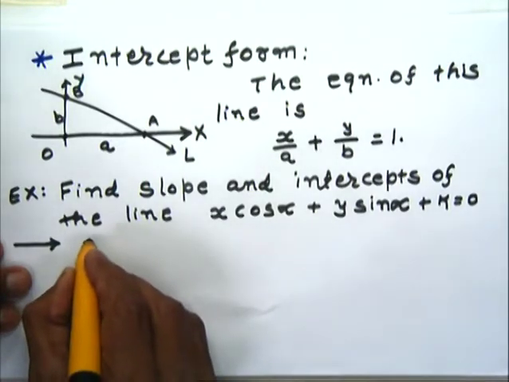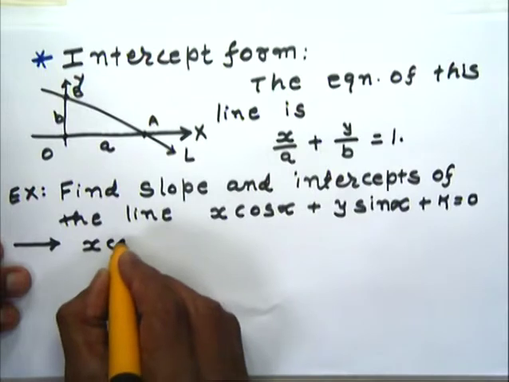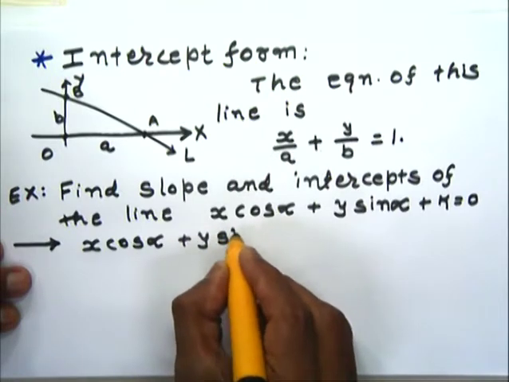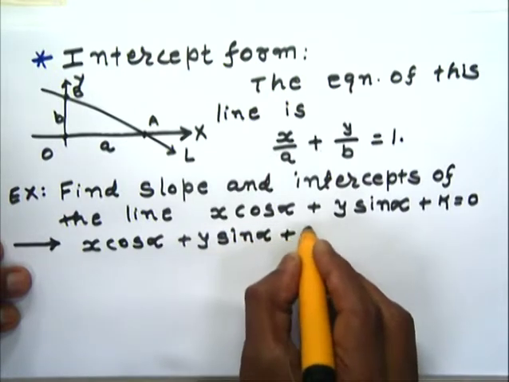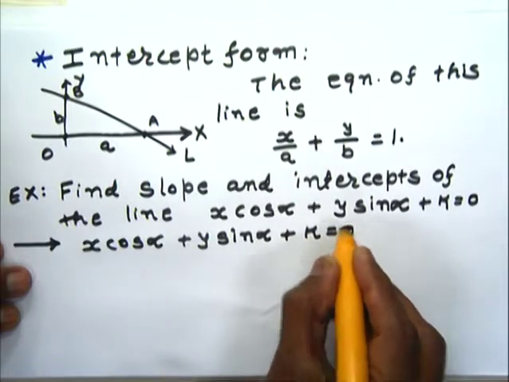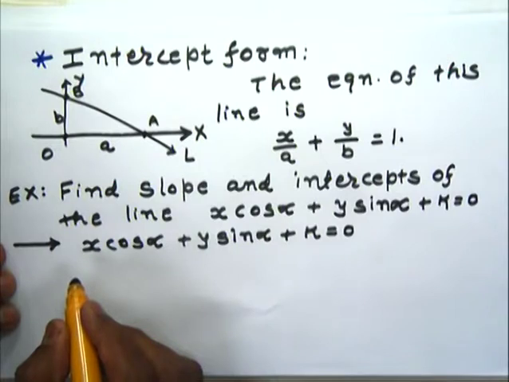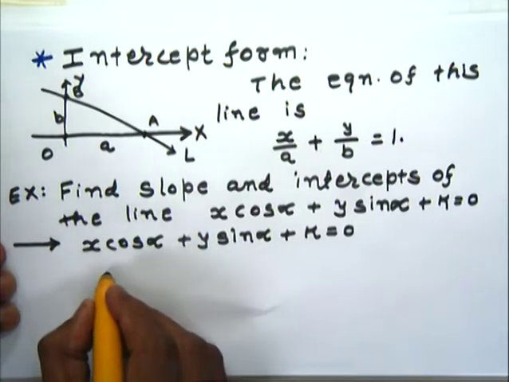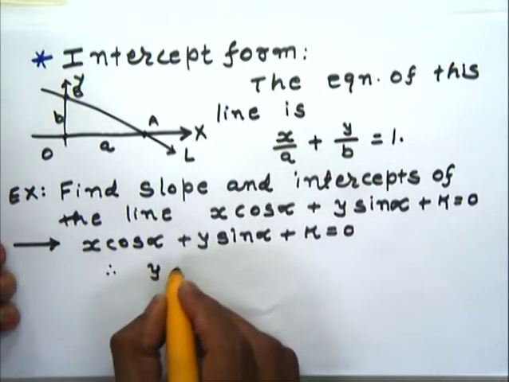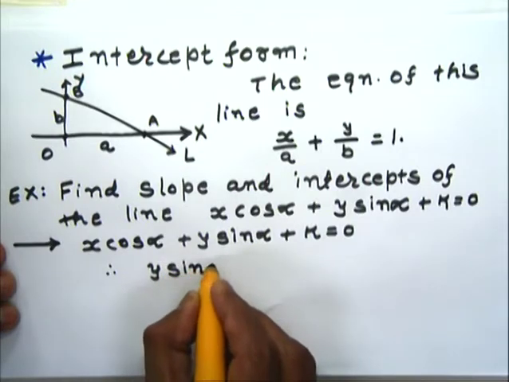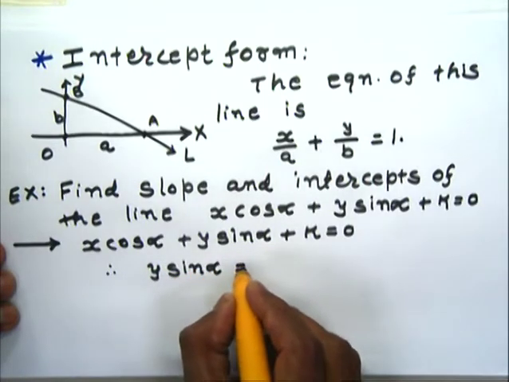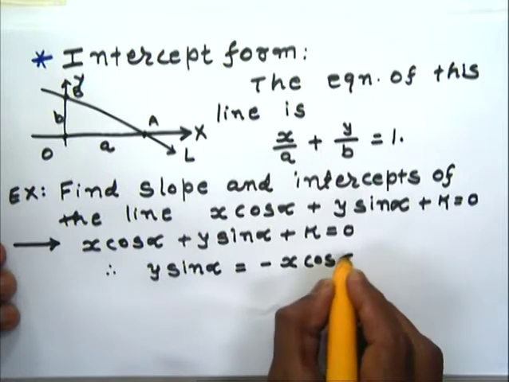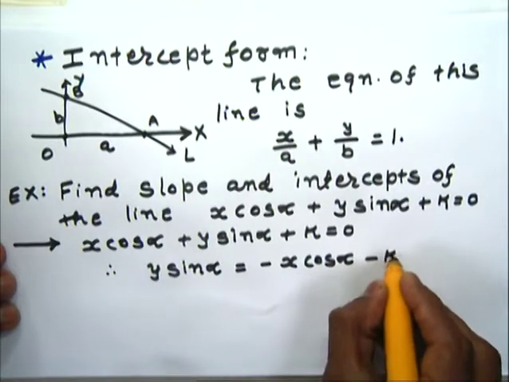So let us begin with the given equation x cos alpha plus y sin alpha plus k equal to 0 and make y the subject from this equation. y sin alpha will be minus x cos alpha minus k.